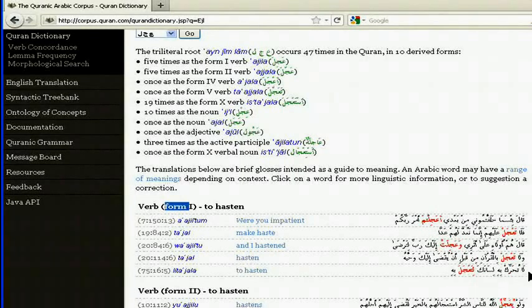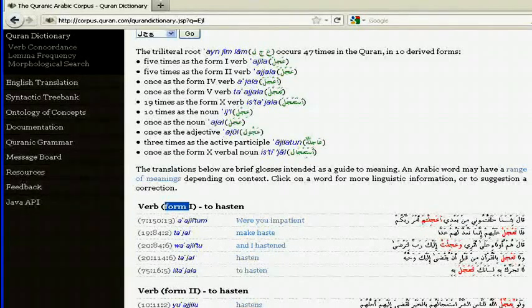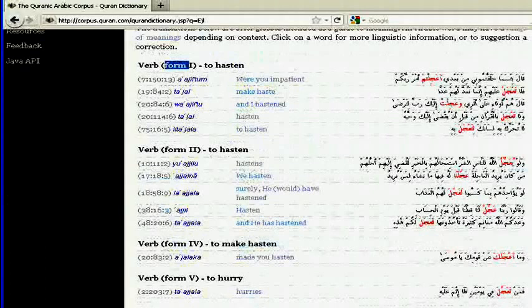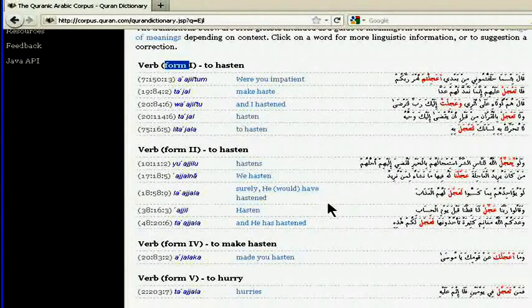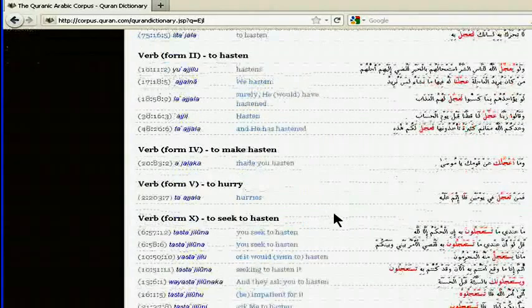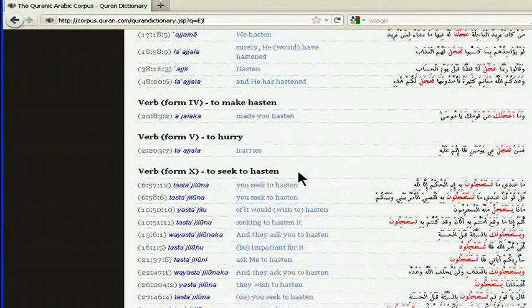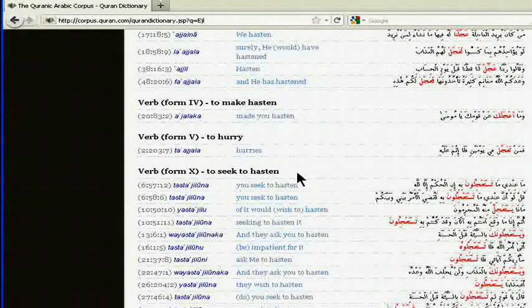So what I would do is write down the particular verse, the verse number, the Arabic, and then the translation of it in English, and maybe just highlight the actual word. And then go through other forms of the verb, and they all have similar meanings to hasten, or to seek to hasten. For example, the bab istif'al.